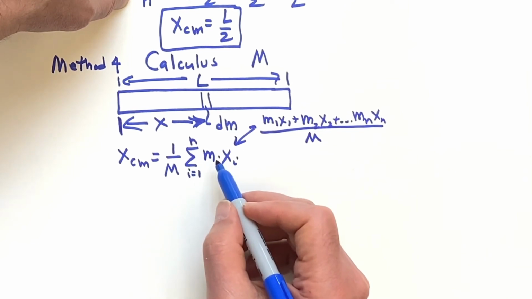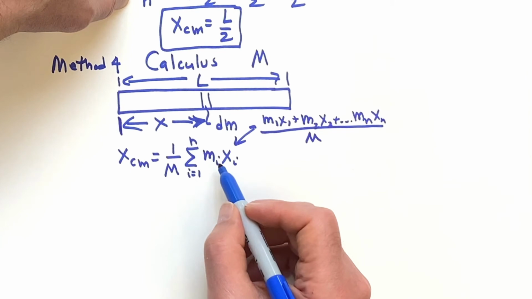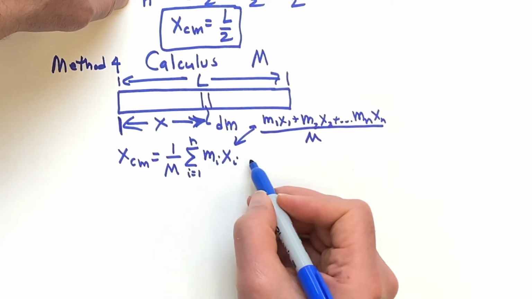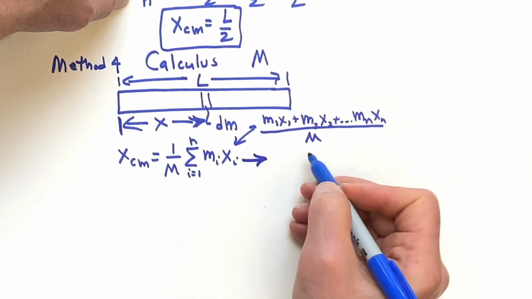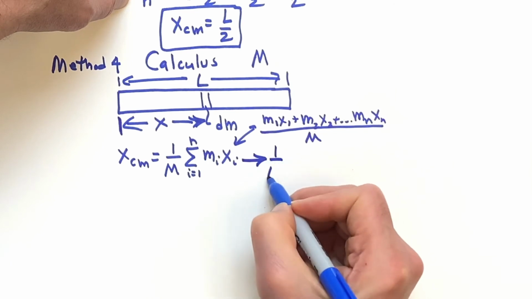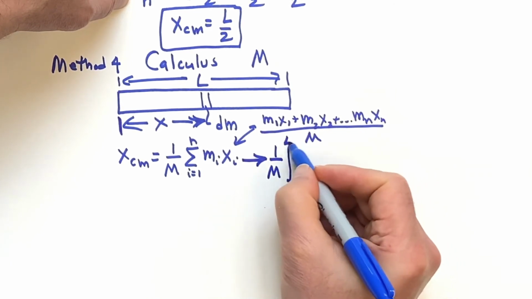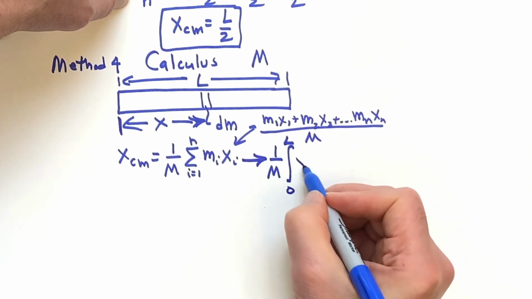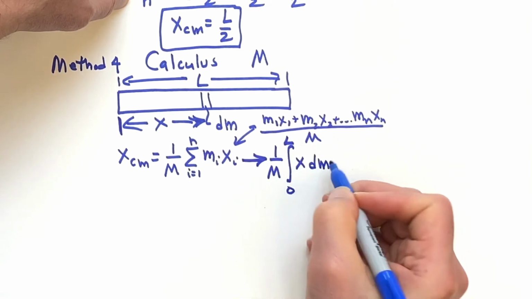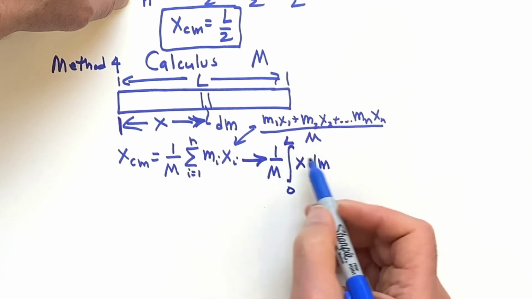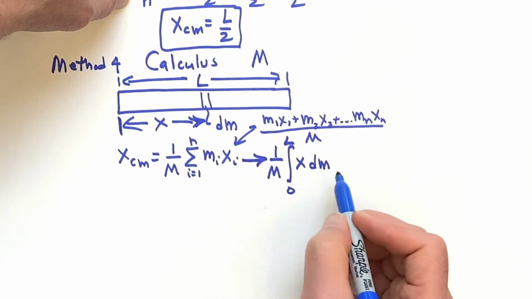Now to go to calculus, you would probably just set it up the way I'm going to write it down. You'd have 1 over M. You have an integral from 0 to L of x with the little dm. So you would start here with this calculus form.